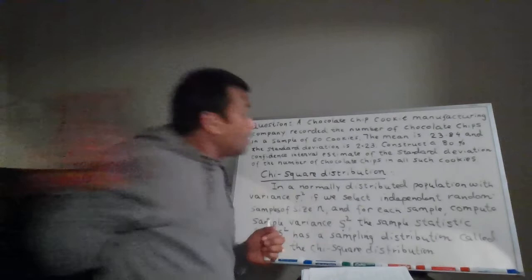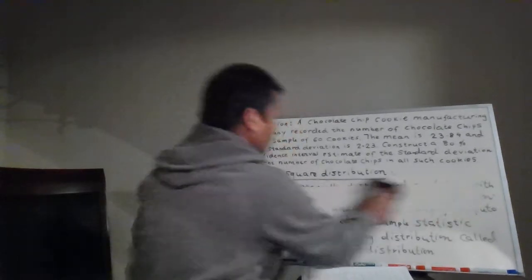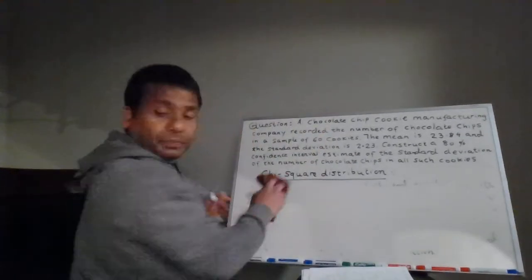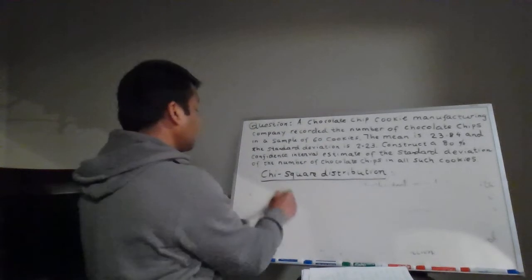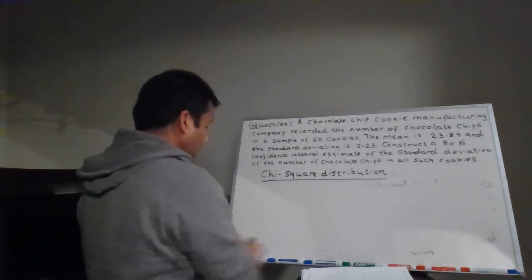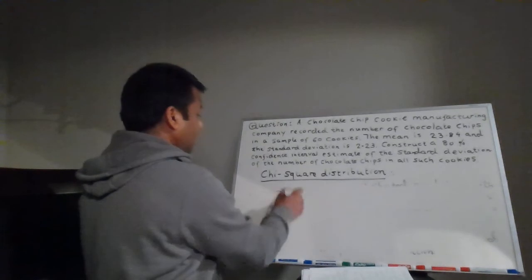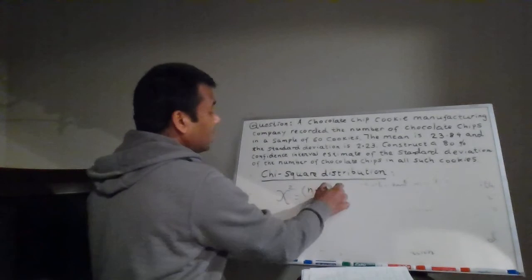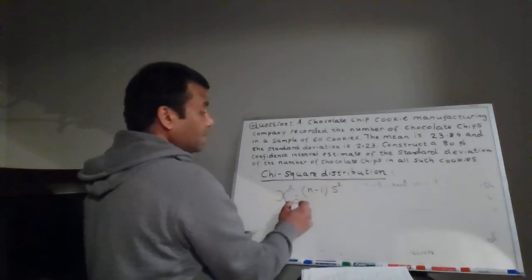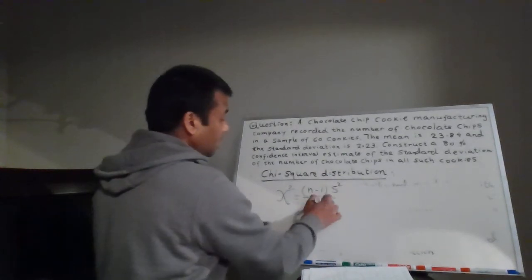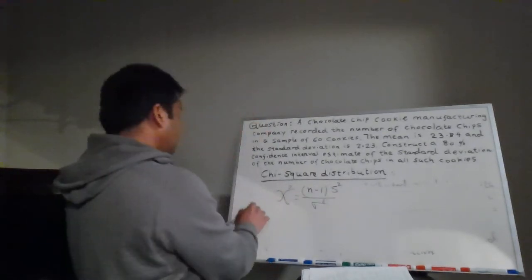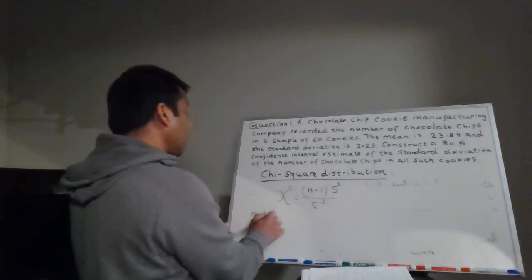So the chi-square distribution is denoted by this, and is defined as n minus 1 times S square over sigma square.